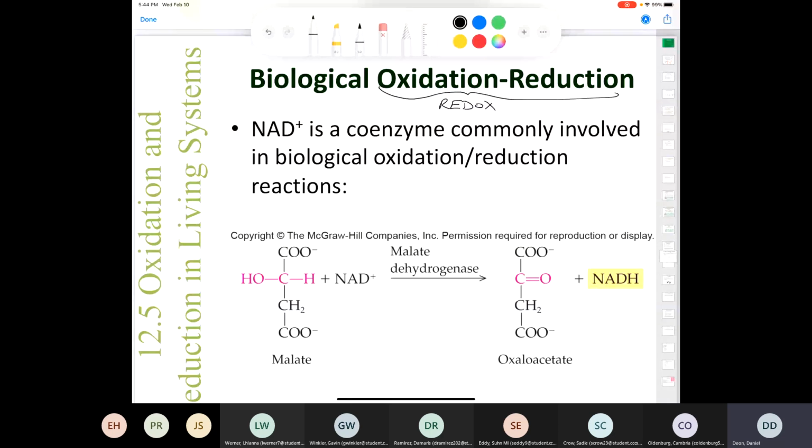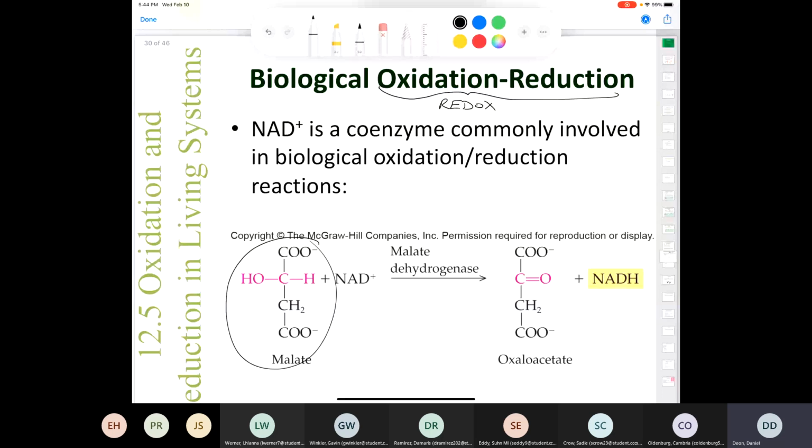NAD plus is an acronym for nicotinamide adenine dinucleotide, and it's a coenzyme that's commonly involved in a lot of different biological oxidation reduction reactions. Now, if we look at this organic molecule right here, this is called malate. It's the conjugate base of malic acid, which I think is the acid responsible for the tart flavor in Granny Smith apples.